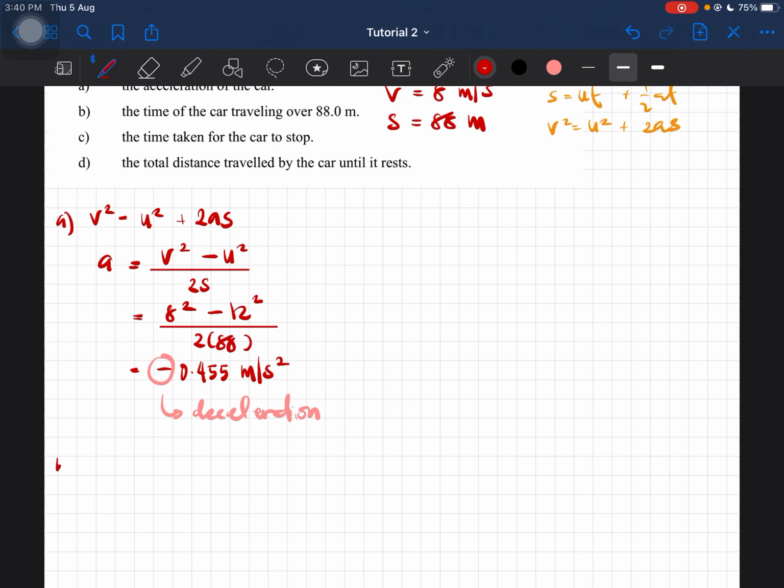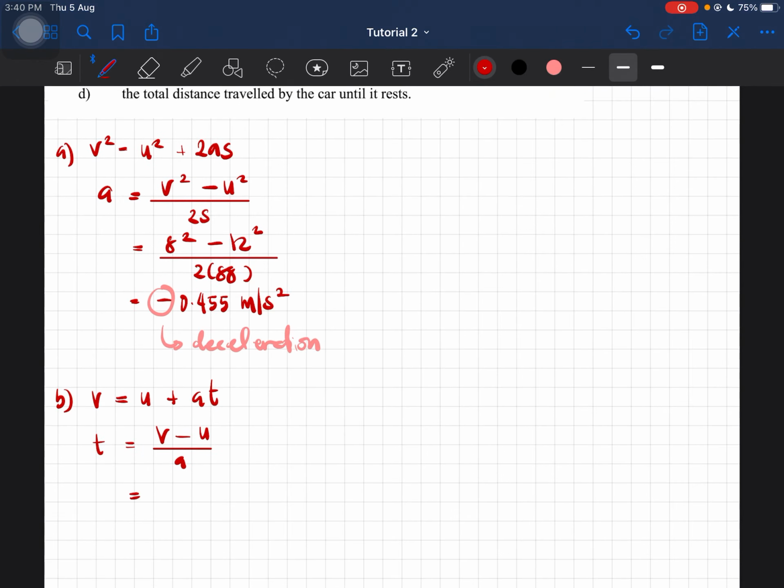Next, we have to find the time of the car travels over 88 meter. Now we are looking for time. So what we can do is we can then use v = u + at. So we have to find the time, t = v minus u over a.